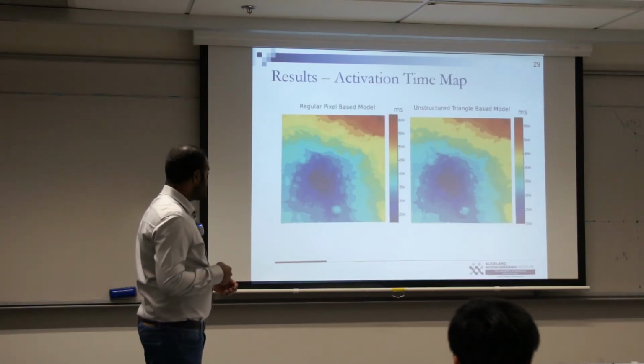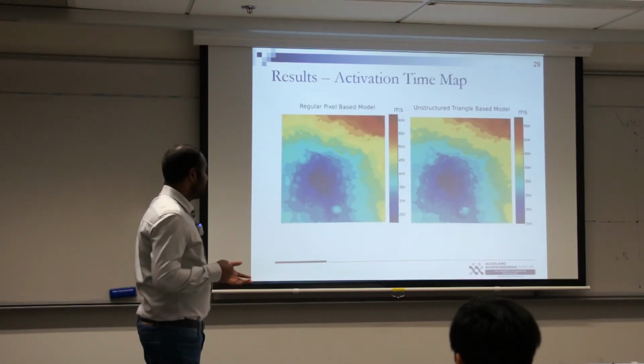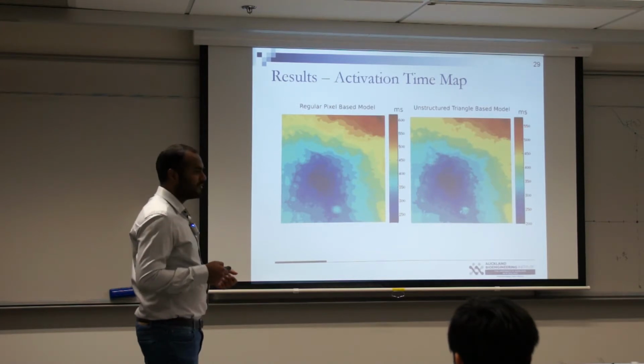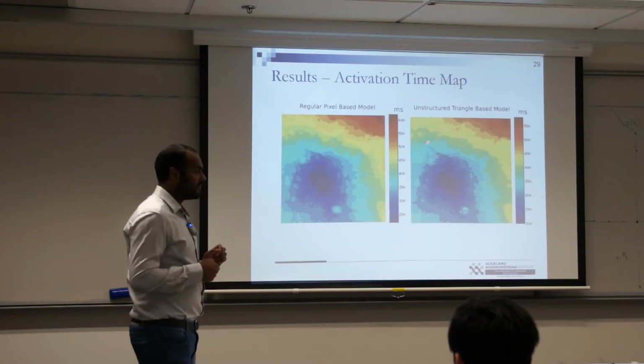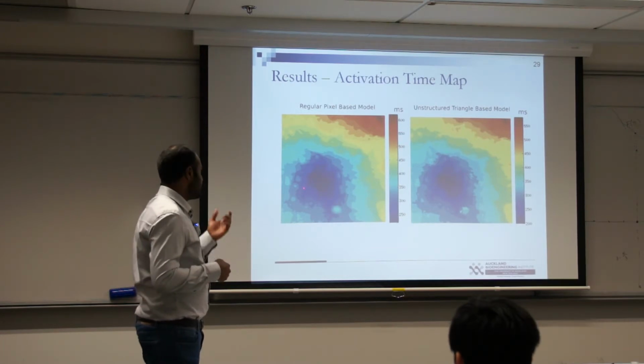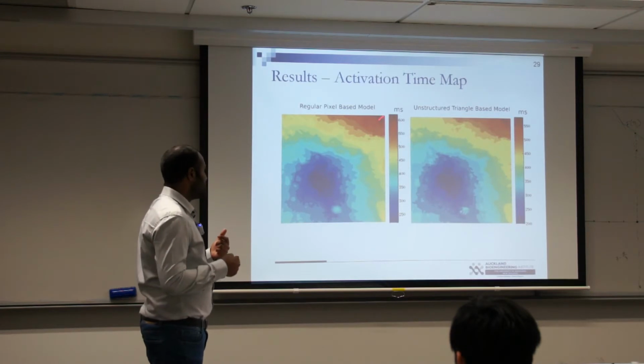So as you can see, this is the activation time map. It ranges from around 650 to 600, so around 50 millisecond maximum difference is seen for the activity to propagate from this region to that region.